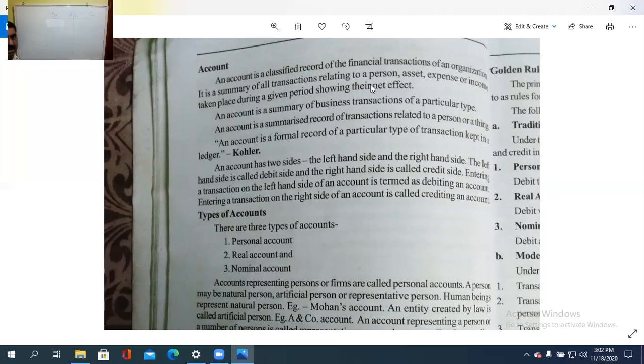Entering a transaction on the left hand side of an account is termed as debiting, and entering a transaction on the right side of an account is called crediting an account. So these are the things with regard to an account.